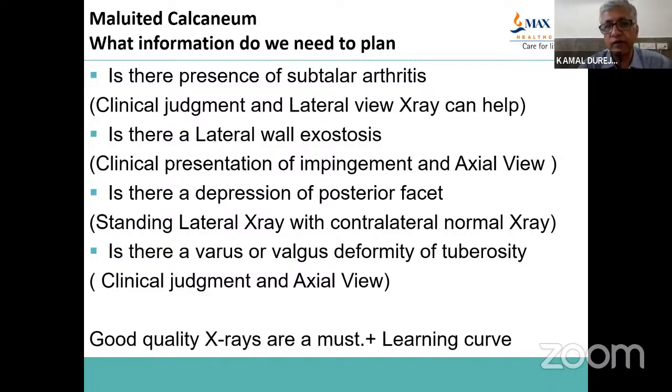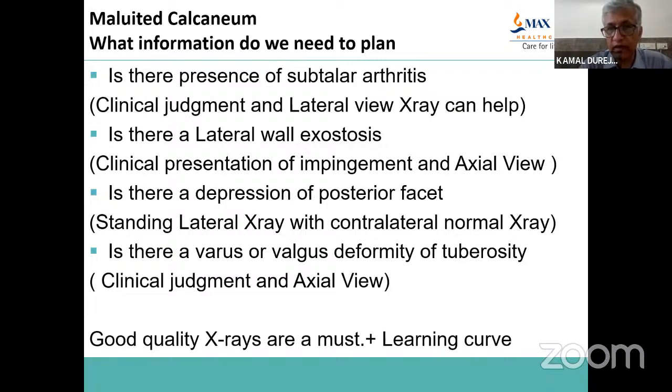We want information about the reduction of height or the depression of the posterior facet. Again, it is the standing lateral X-ray, the erect lateral X-ray, which will help us, and we have to compare with the normal contralateral side. If the other side also has a calcaneum fracture, then of course this comparison is not possible.